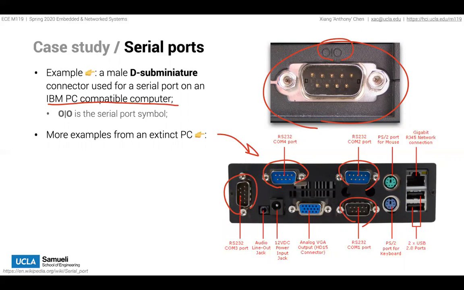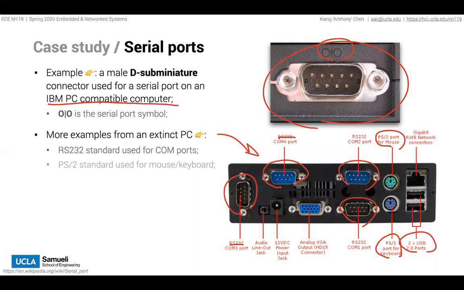VGA looks similar, but it's different, with different protocols. And your USB is also another example of serial ports. We're going to talk about that. And PS/2 is very specific to keyboard and mouse. So we saw a lot of RS-232 used for COM ports, and PS/2 for mouse and keyboard.